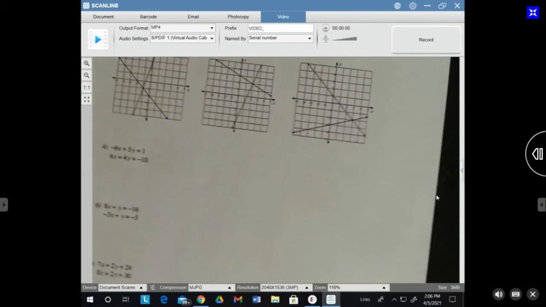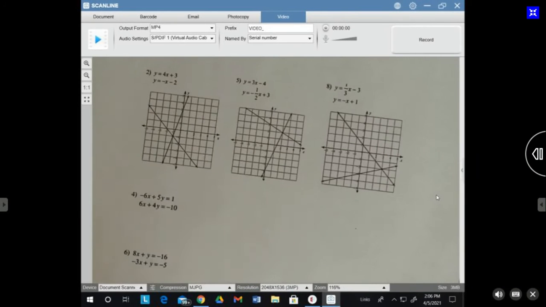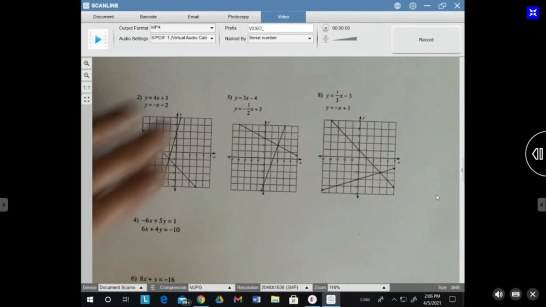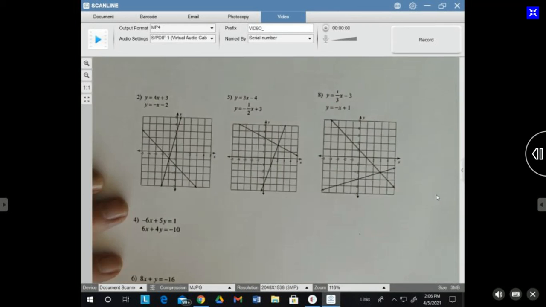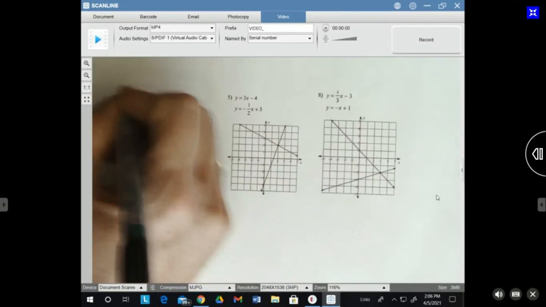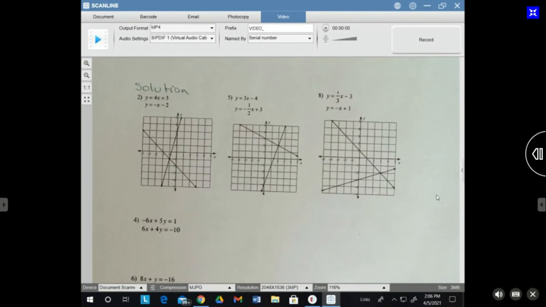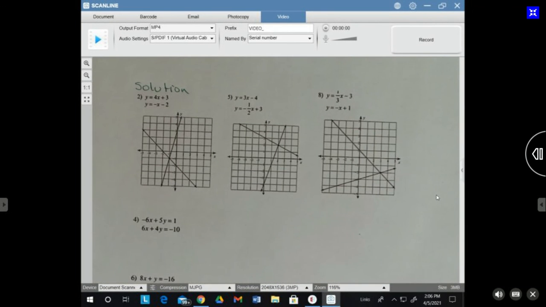All right. So one of the problems you're going to have on your post test is going to look like a graph. And on that graph, it's going to say, name the solution. So describe what the solution is. Don't tell me what the solution is, but what am I looking for? The coordinate.